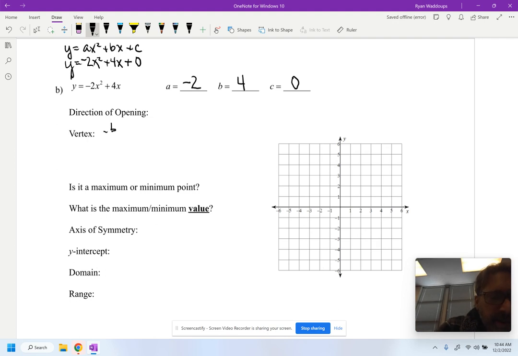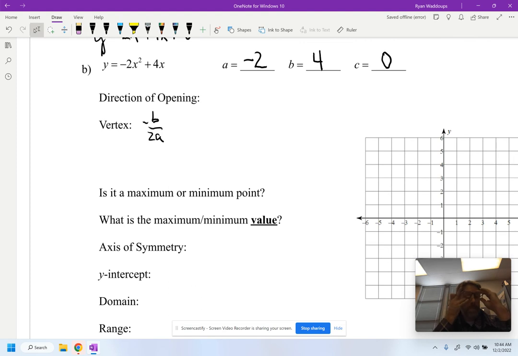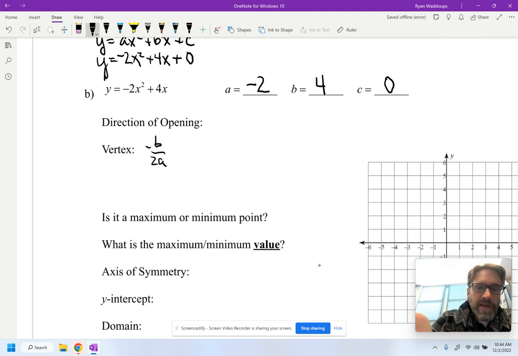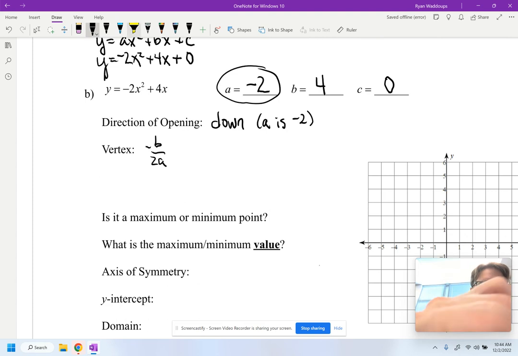And so our vertex is, once again, negative b over 2a. And, I'm sorry, I skipped direction of opening. The direction of opening, since a is negative 2, it opens down because a is negative.